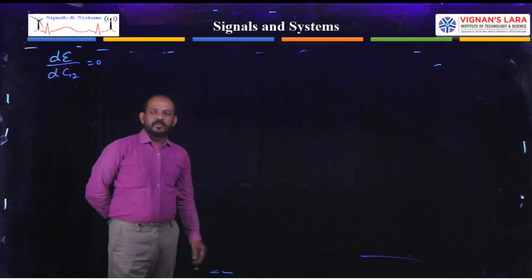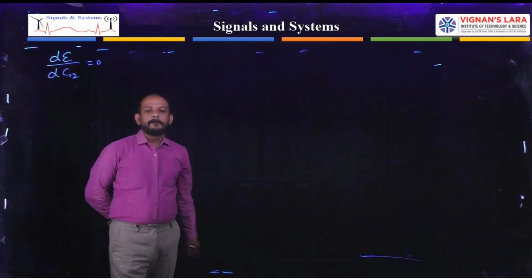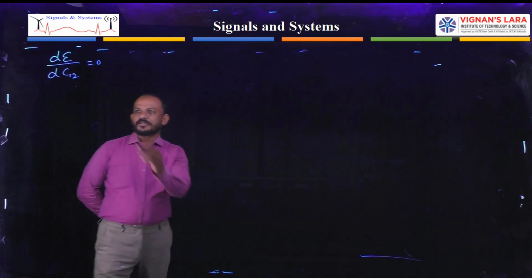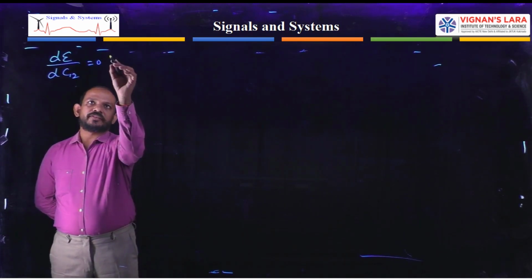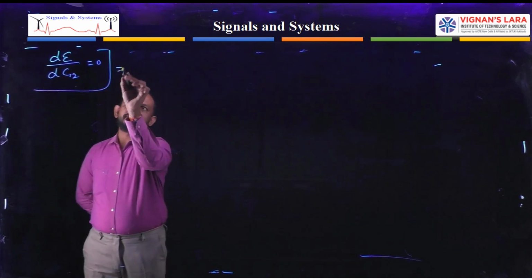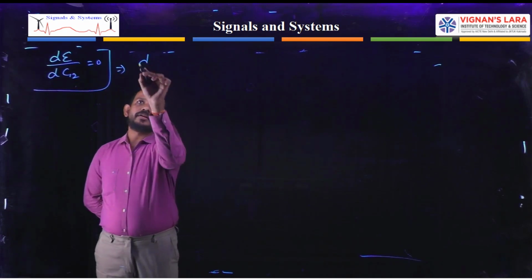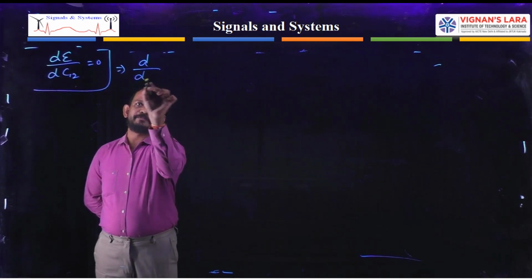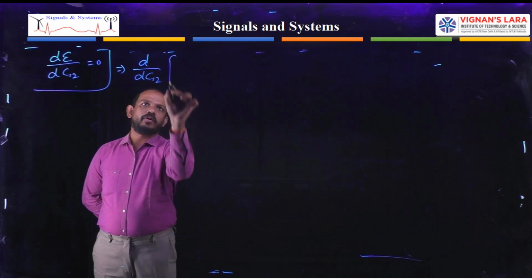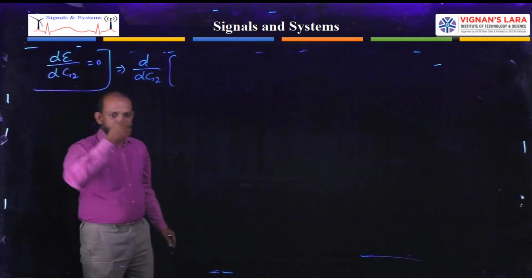Now we have to go for the differentiation of the mean square of the error. Differentiation with respect to C12 of the mean square error.